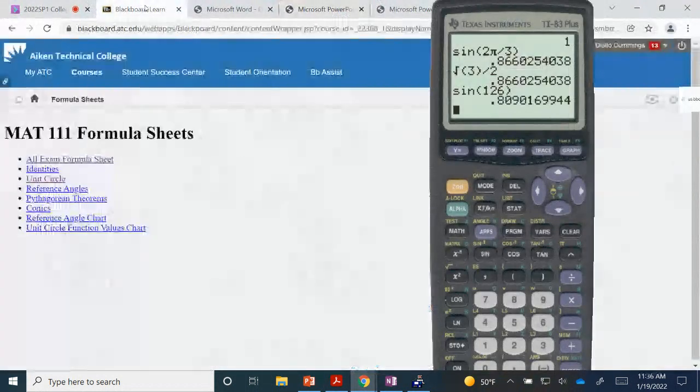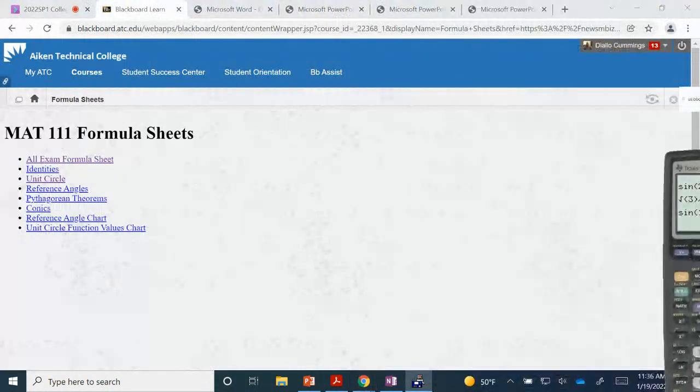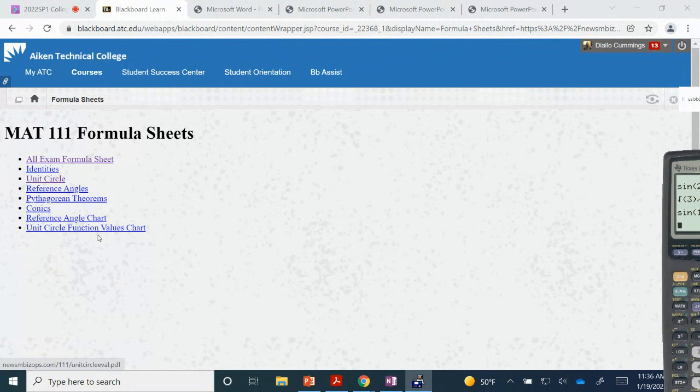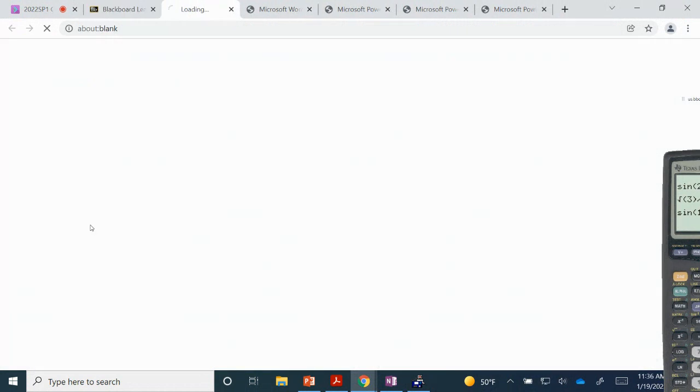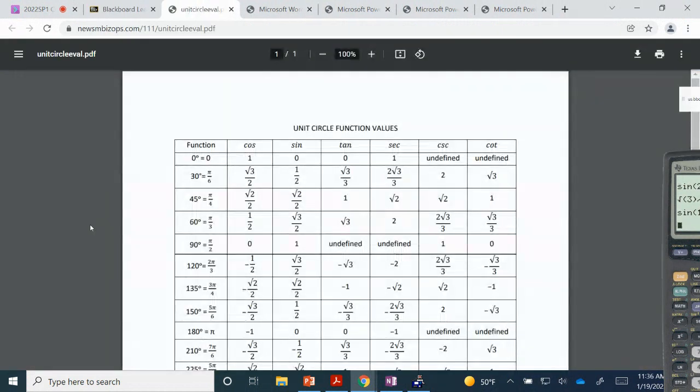I'm going to go back into the Blackboard shell, and in this formula section, I'm going to click on unit circle function values chart. Right, so if I click on this chart, it gives me the 6 trig functions. It gives the sine, cosine, tangent, and the reciprocal formulas for every angle in the unit circle.